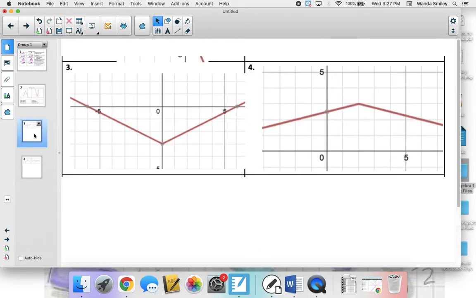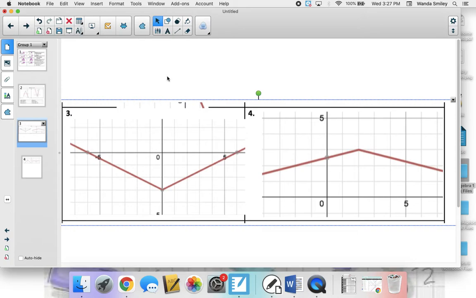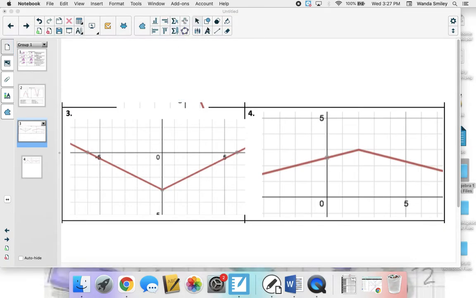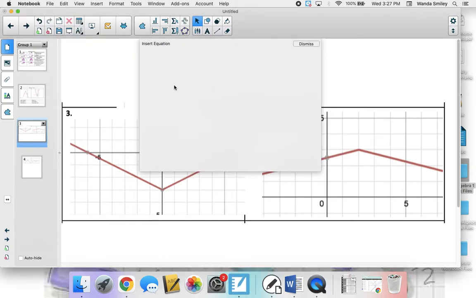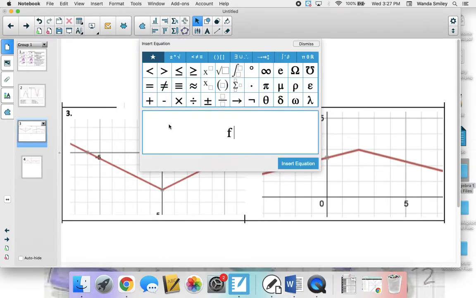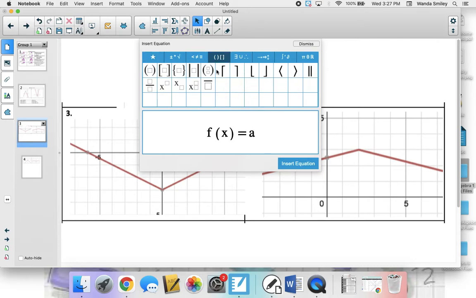So then we got to this next page, and I forgot to do the, yeah. Let's move this down. All right, my equation is f of x is equal to a absolute value of x minus h plus b.